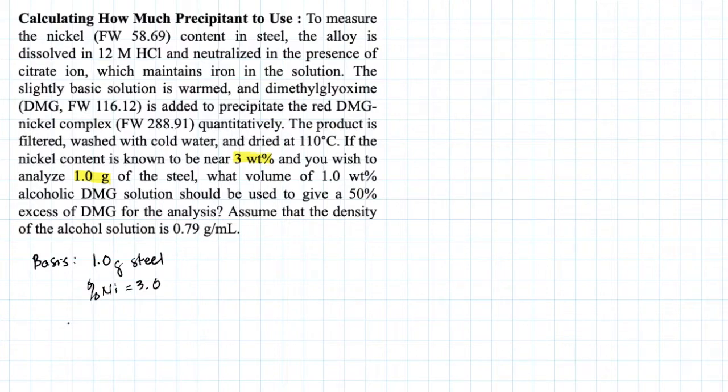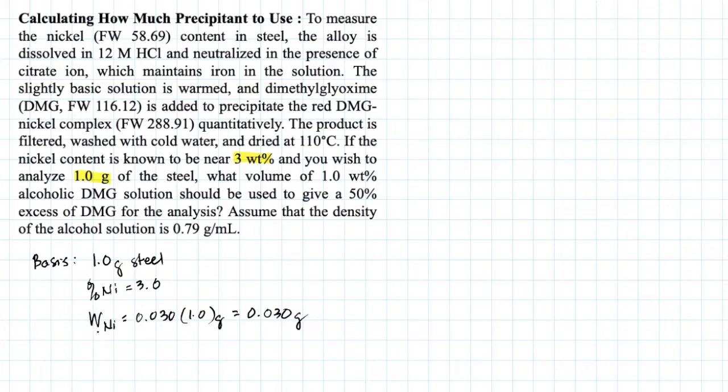Therefore, the weight of nickel in 1 gram of steel will be 0.030 times 1.0 grams, or that is 0.030 grams.